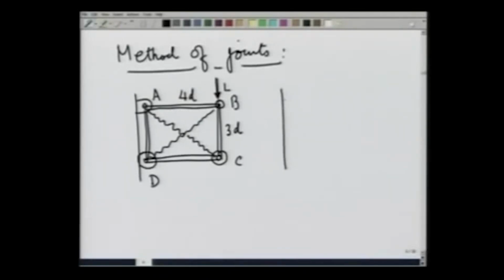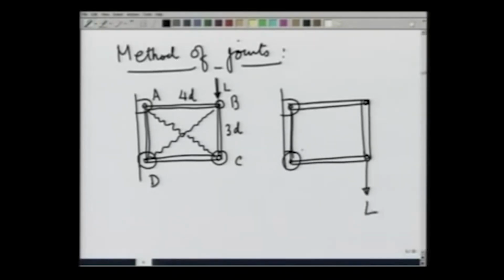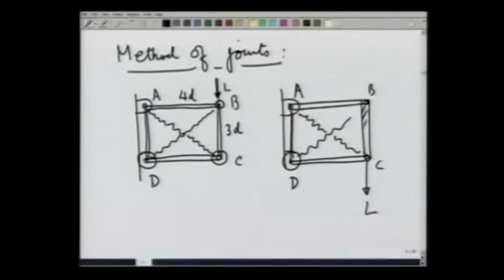and another loading is done at point C, the same L. These are 2 ropes, A, B, C and D, and in both the cases I want to know the forces developed in these rods or members and these ropes.